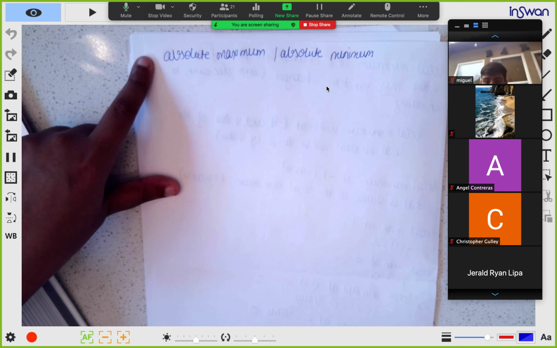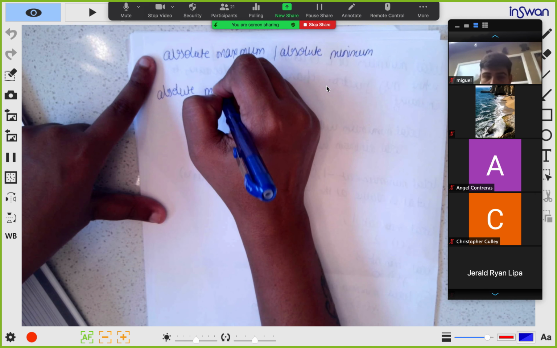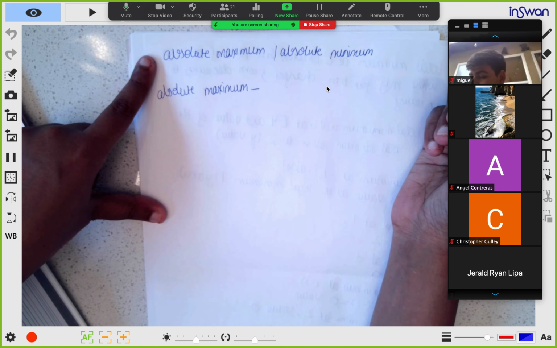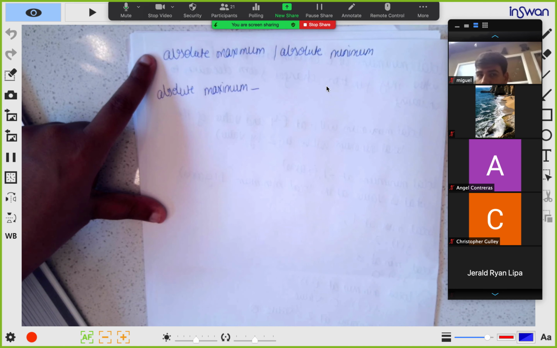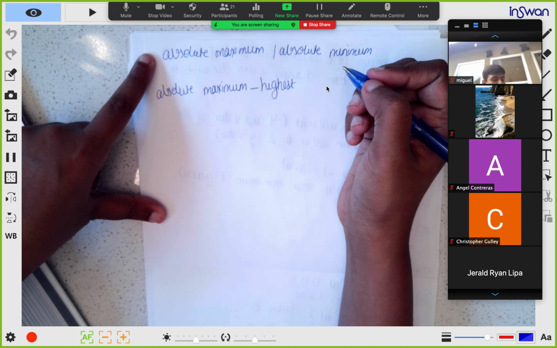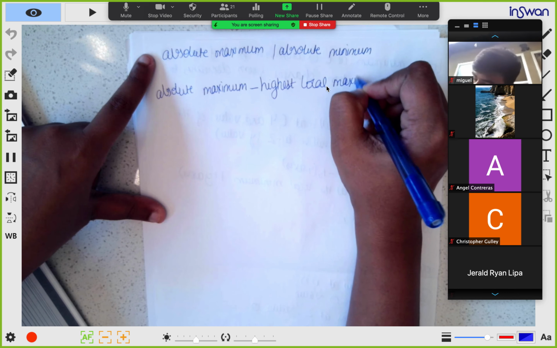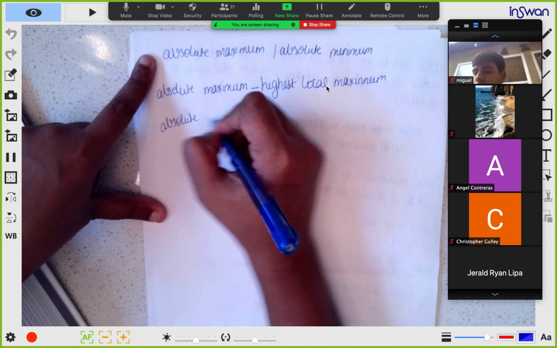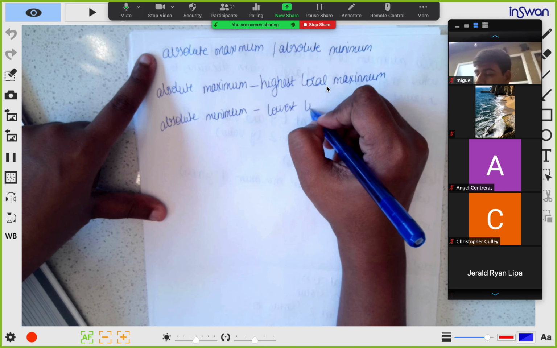That's easy. Basically, absolute maximum will be the highest local maximum, and absolute minimum will be the lowest local minimum.